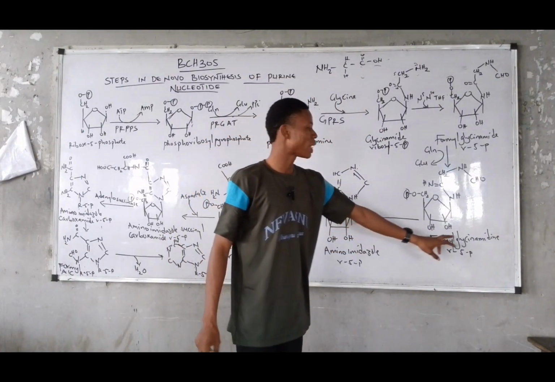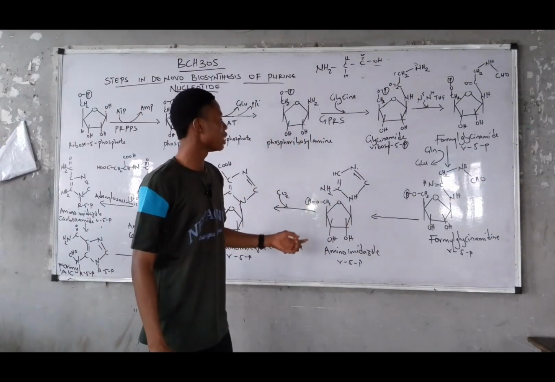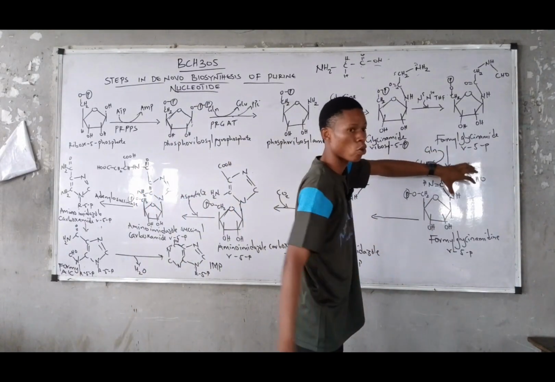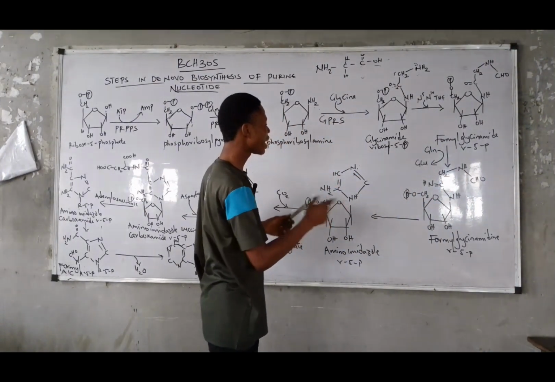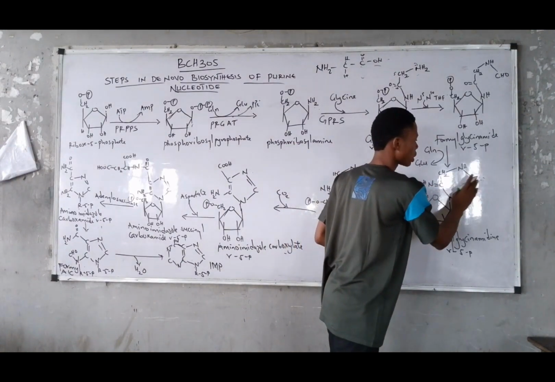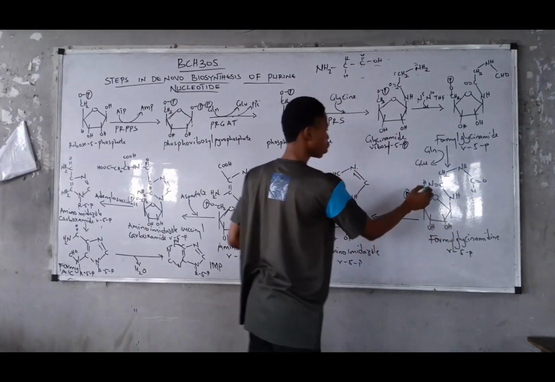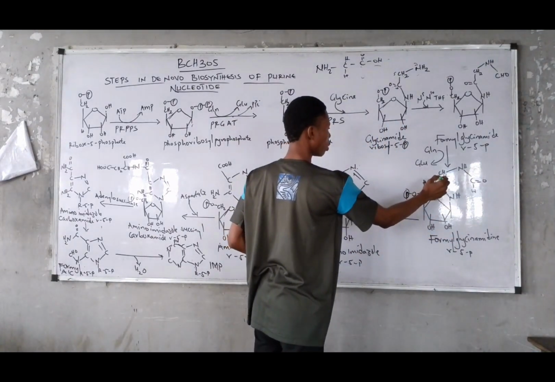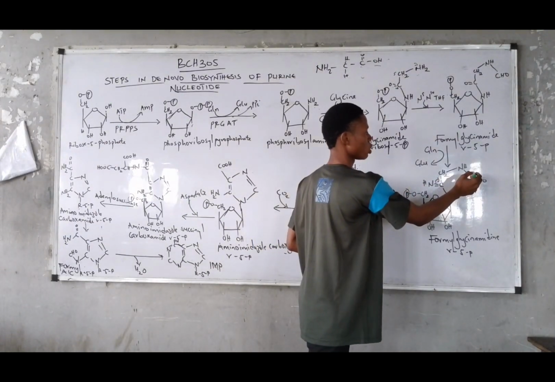Now, formylglycinamidine ribosyl-5-phosphate. The next thing is ring closure. This ring here will close. And that ring closure, now, look at how it happens. This double bond will fall back here. I don't want to go into the mechanism. This one comes here.